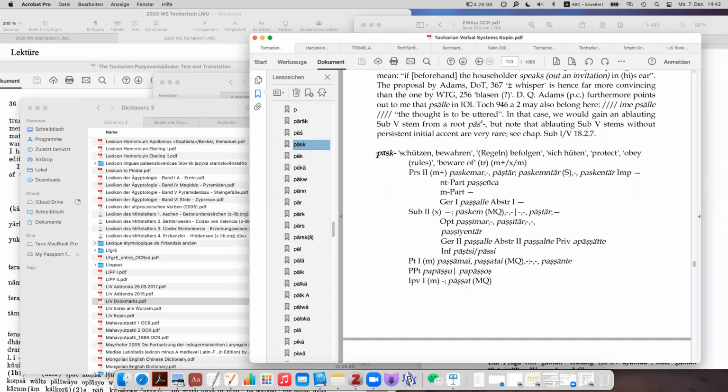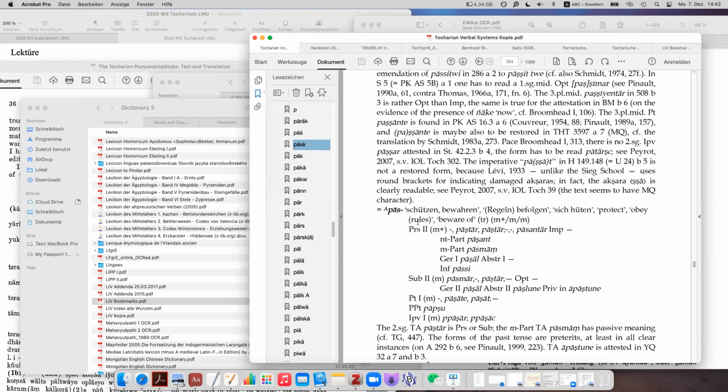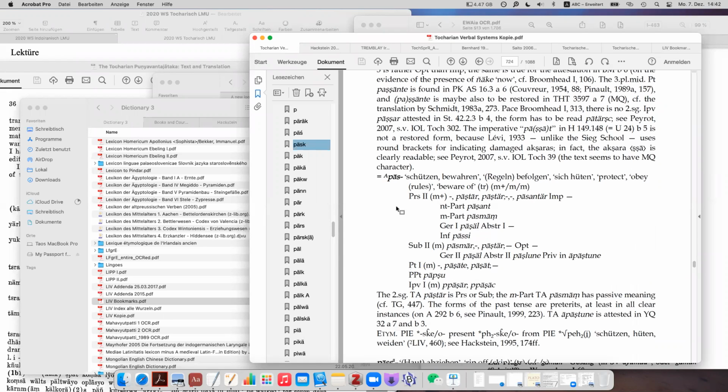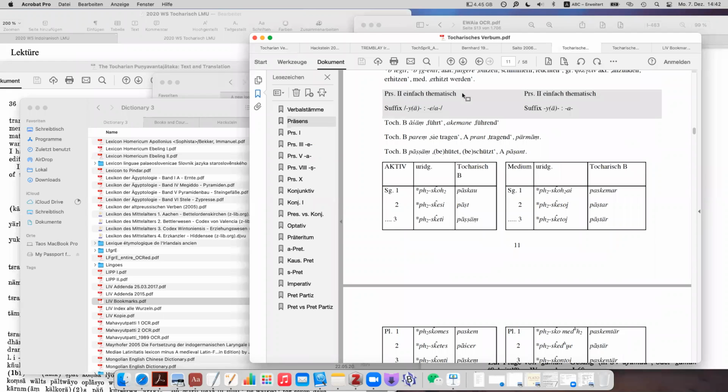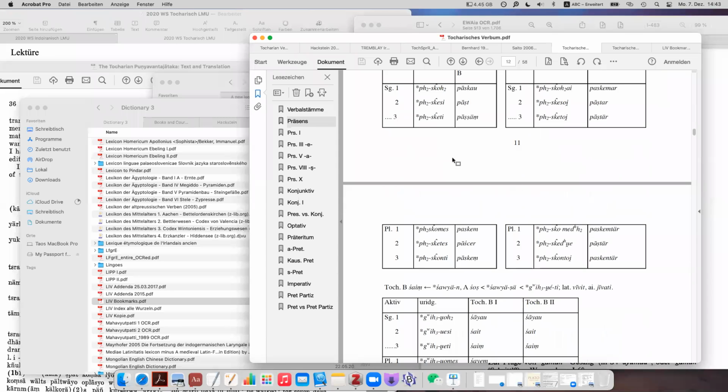So this is the reason why we have pask here. And then pask becomes pas in Tocharian A. So it's kind of an assimilation and then simplification. So sk becomes s. So this is the second, simple thematic.